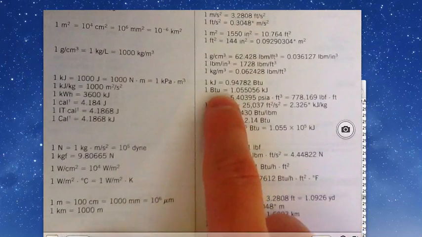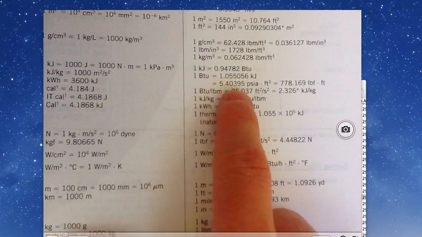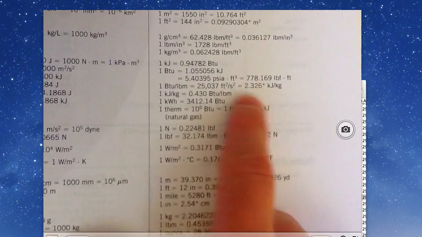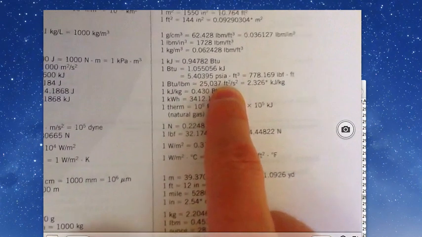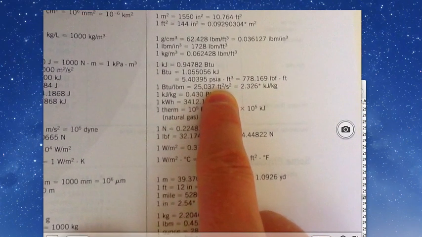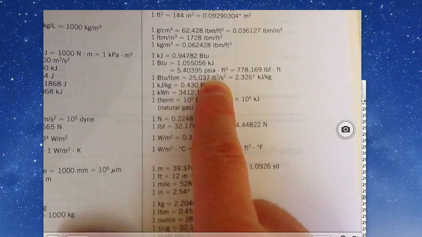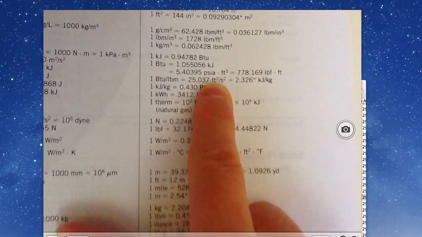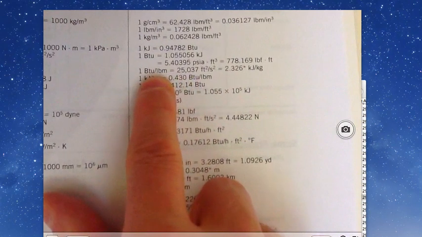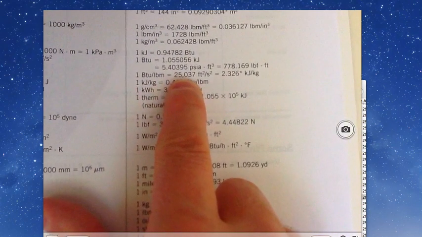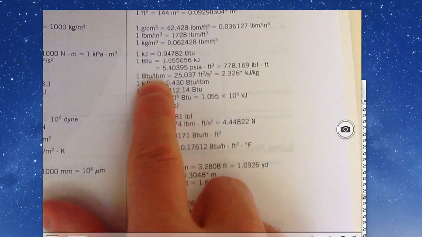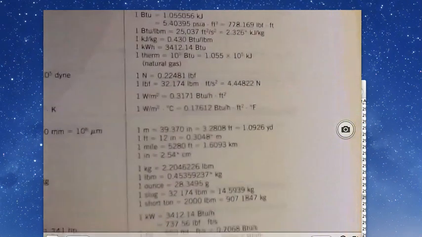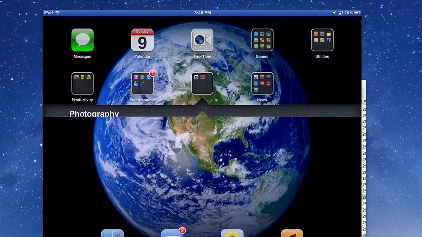We scroll down the list and look to see if we can find something that looks familiar. And behold, we've got something here that says feet squared per second squared. Well, that's exactly what my velocity squared is, feet squared per second squared. And so this is where I get that 25,037 feet squared per second squared is equal to 1 BTU per pound mass. So we can use that and go back.